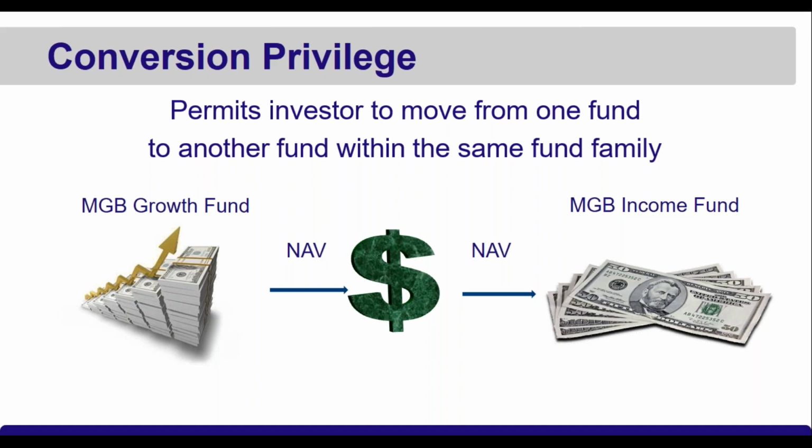You need to sell shares of one to purchase shares of the other. Same thing here. Even though you're staying within the same family and there's no sales charge, you're redeeming shares in order to get the money to go into the new fund. So there could be tax consequences, and you definitely need to disclose that to your client. Otherwise, they will be very unhappy when they get that tax bill.